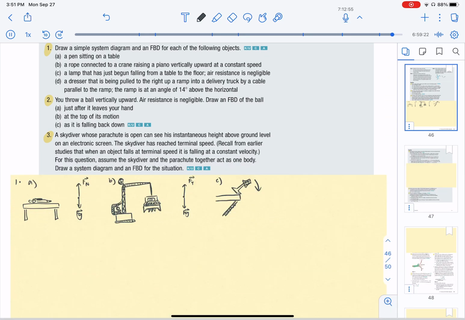Because he's just standing there. And what do we have? We have FT1y plus FT2y. In this case, we have the two tensions that are both going up, but we also have gravity going down. So that's going to cause a problem there. We have two ups and a down.